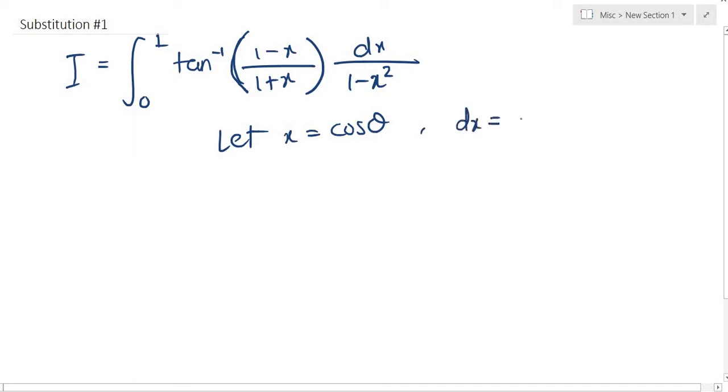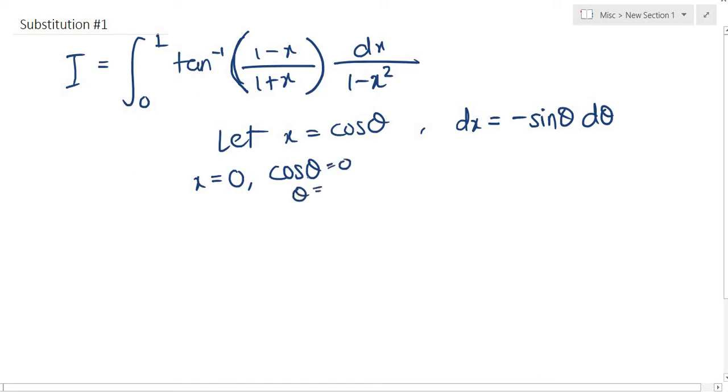So dx is nothing but negative sine theta d theta, and when x is 0, cosine of theta is 0.